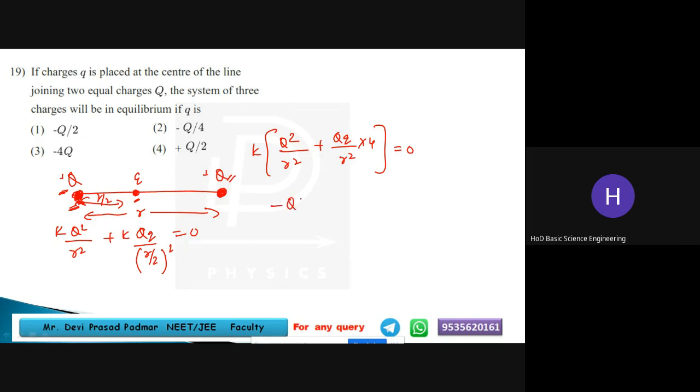Therefore we can write minus q square divided by r square is equal to 4 times q divided by r square. If you simplify, one q gets cancelled, and rearranging for q, you will get minus q by 4. Minus q by 4.